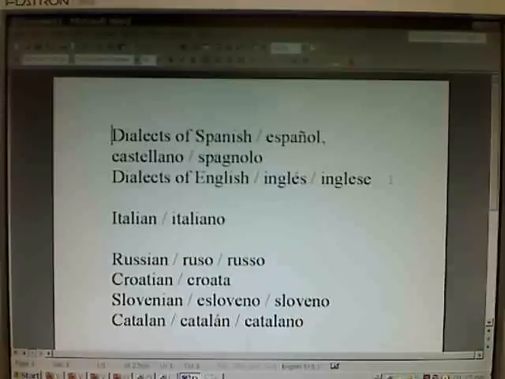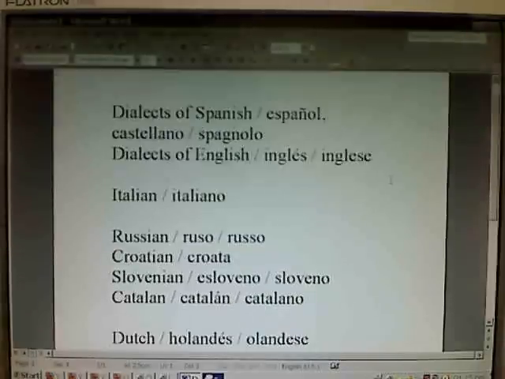Out of interest, because I am a language lover, and that does not exclude my mother language, Spanish, and my other language, which is very close to my heart, which is English.